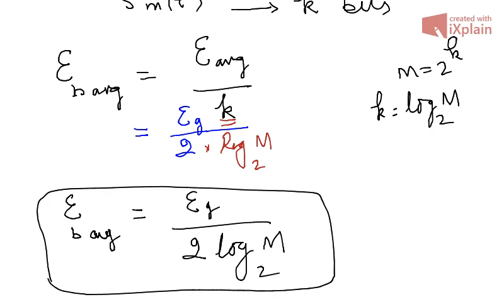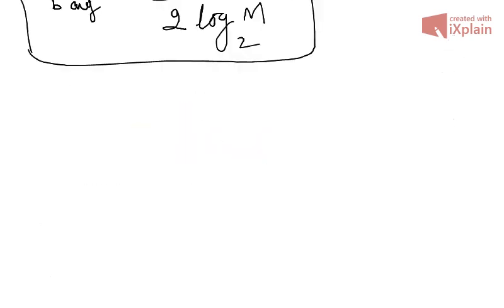Now if you observe your signal, it is in the form of cos as well as sine.